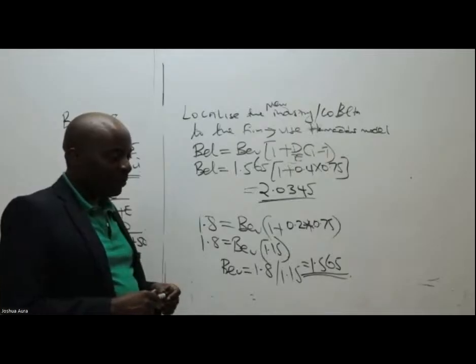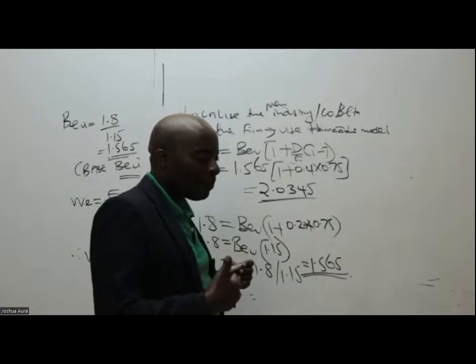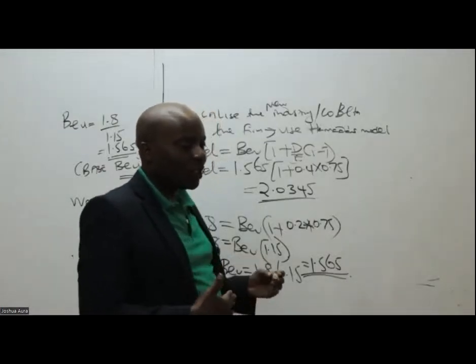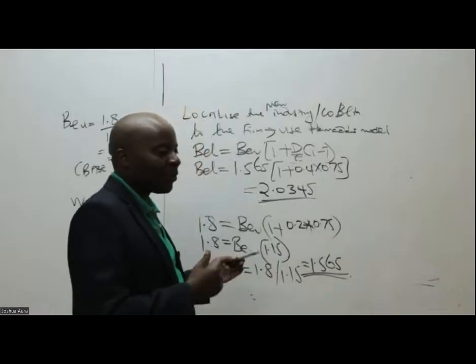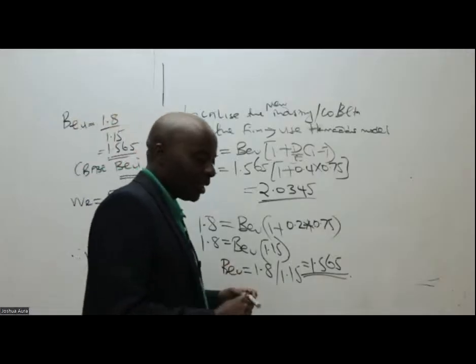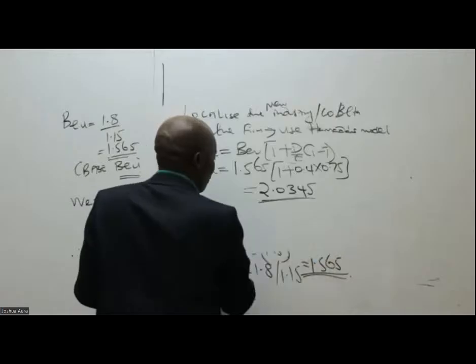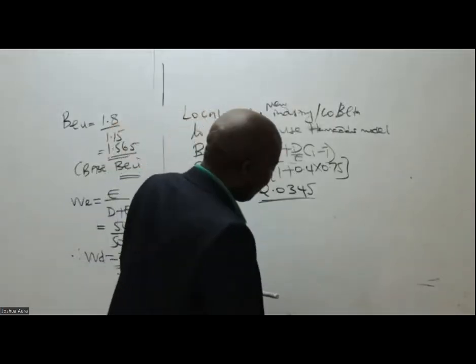Remember, we can't calculate KEU here, because I would have gone for KEU if they spoke of a company that is 100% financed with equity. This firm has got both debt and equity. So straight away, I'll go to KEL using CAPM.